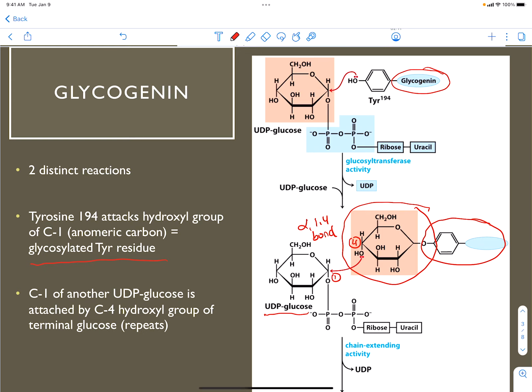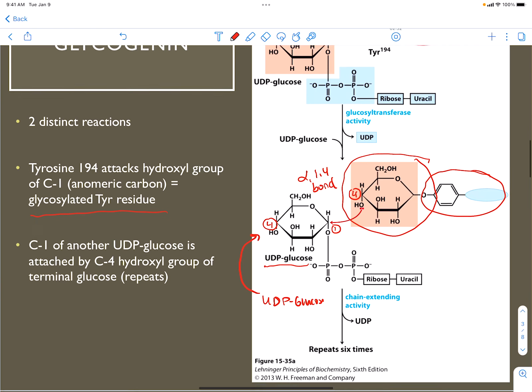And then you're going to continue to add. So here's another 4. And then you're going to have another UDP glucose that will come in and attach to that. And you'll start to get a chain of glucose added to the glycogen primer.